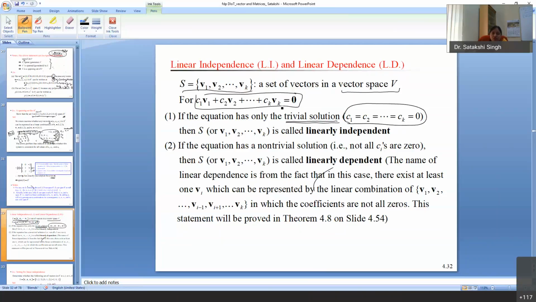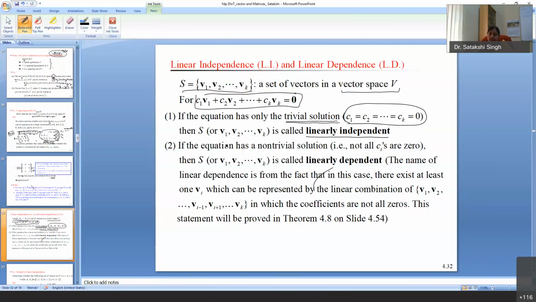If we get only the trivial solution, then this set of vectors v1, v2, up to vk is called a linearly independent set of vectors, or we say that these vectors v1 up to vk are linearly independent.